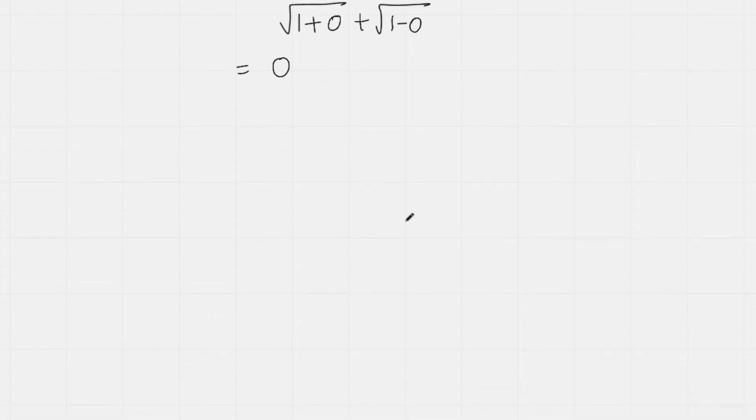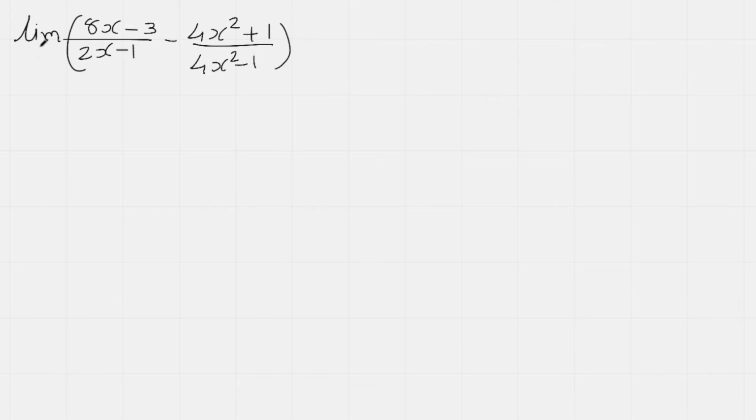Okay. Now let us see one more example on finding limit algebraically. So this is limit of 8x minus 3 over 2x minus 1, minus 4x square plus 1 divided by 4x square minus 1.